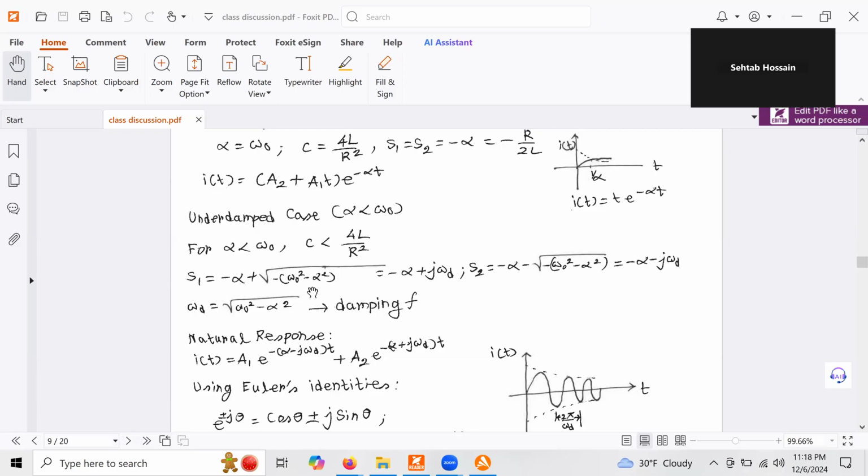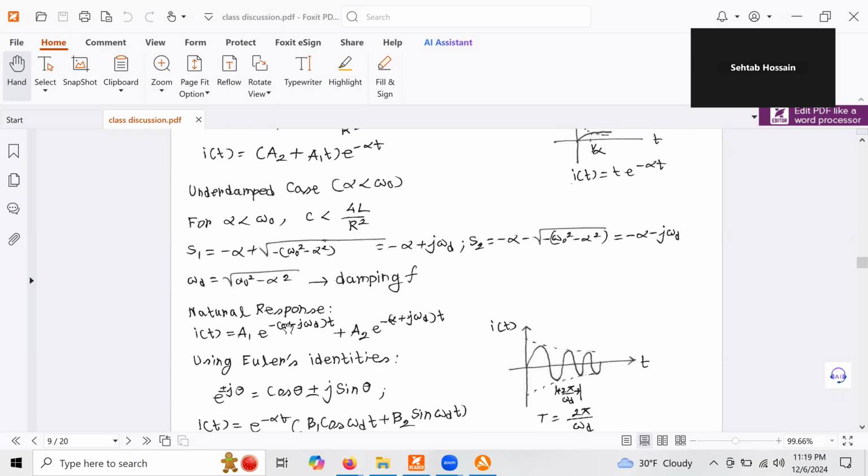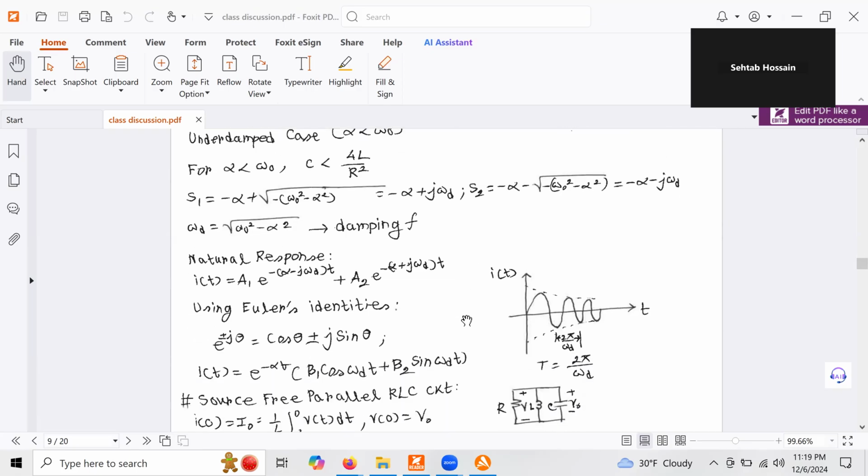And we have another term. This is the damping frequency, which will be this formula: omega d equals root over omega 0 squared minus alpha squared. It will be equal to A1 times exponential. This will be the natural response for the underdamped circuit.